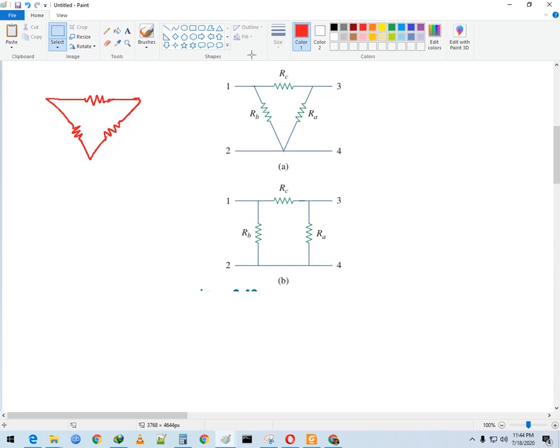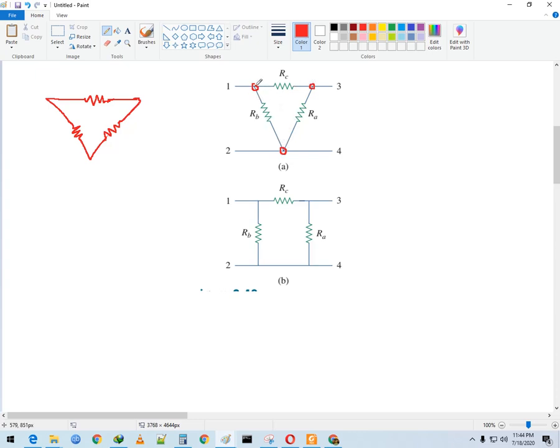You see that if you want to denote the nodes, we have three different nodes over here.